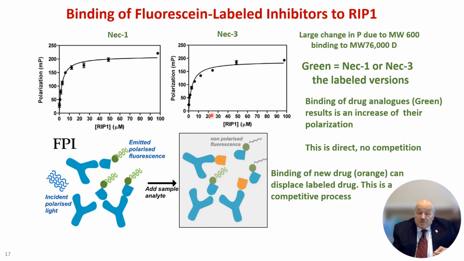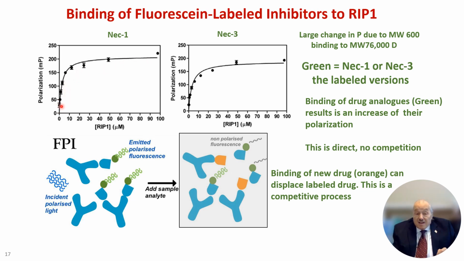So the first step is you have to prove binding of the molecules that you're going to use as competitors in the assay. So they looked at the fluorescence polarization of these two species in the presence of increased amounts of RPI1, and we found both of them increasing.